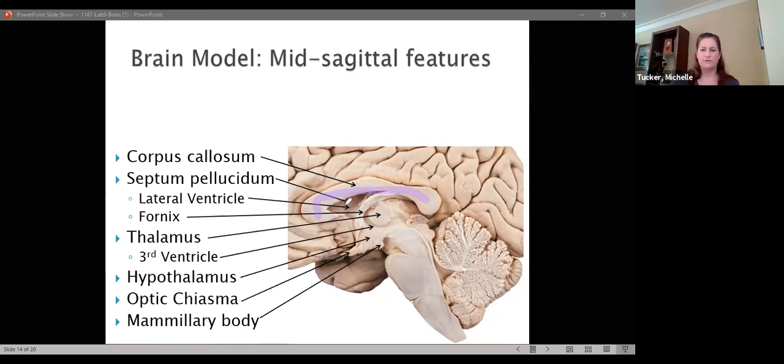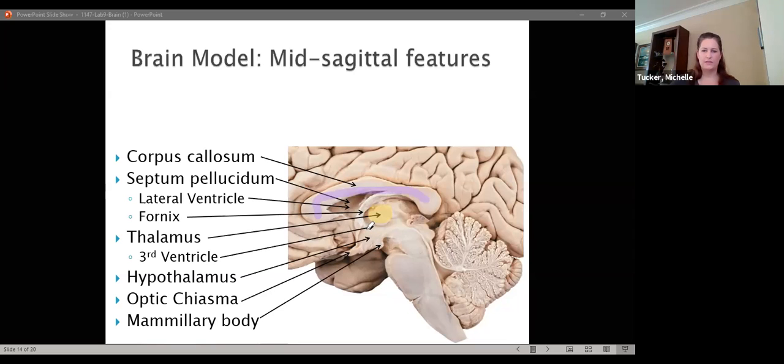This is the lateral ventricle. Remember, you have two lateral ventricles, and they are separated by that membrane called the septum pellucidum. We have this round structure here, the thalamus. Then we have that optic chiasma that is going to be very glistening white. We have that mammillary body that is a deeper, fleshier color.